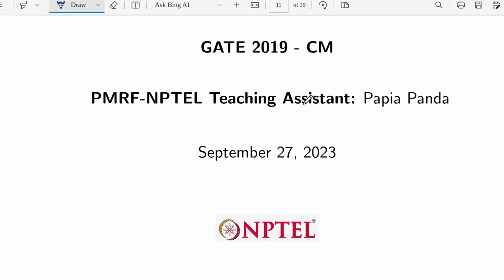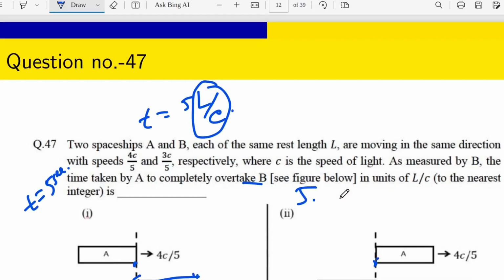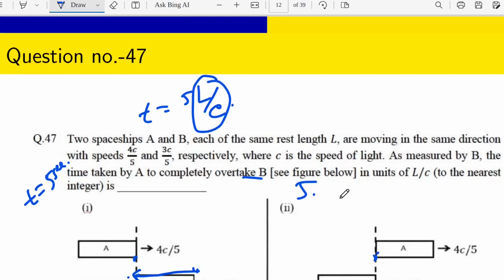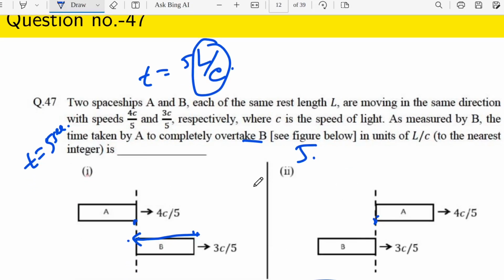In that second question you can see the GATE 2019 question paper, question number 47, and here 2 pictures are given, and from that picture we have to tell the value of the time in which A can overtake B completely.